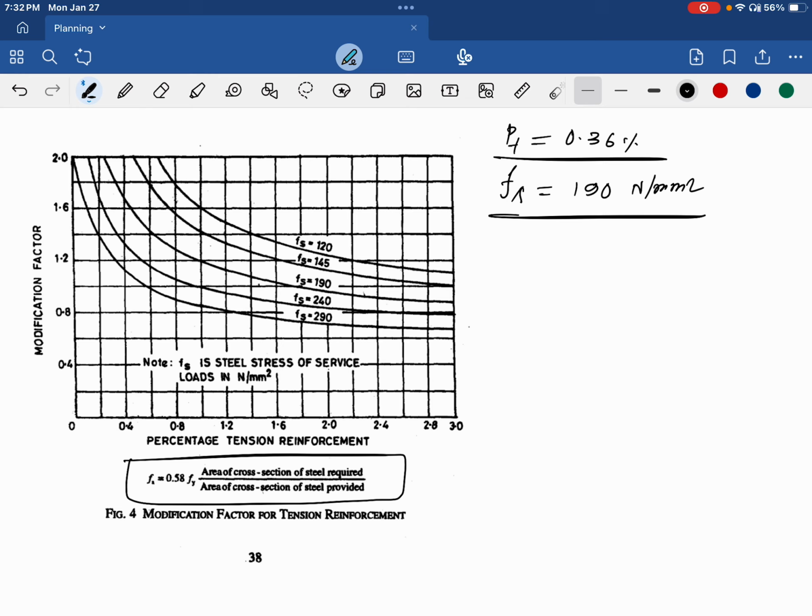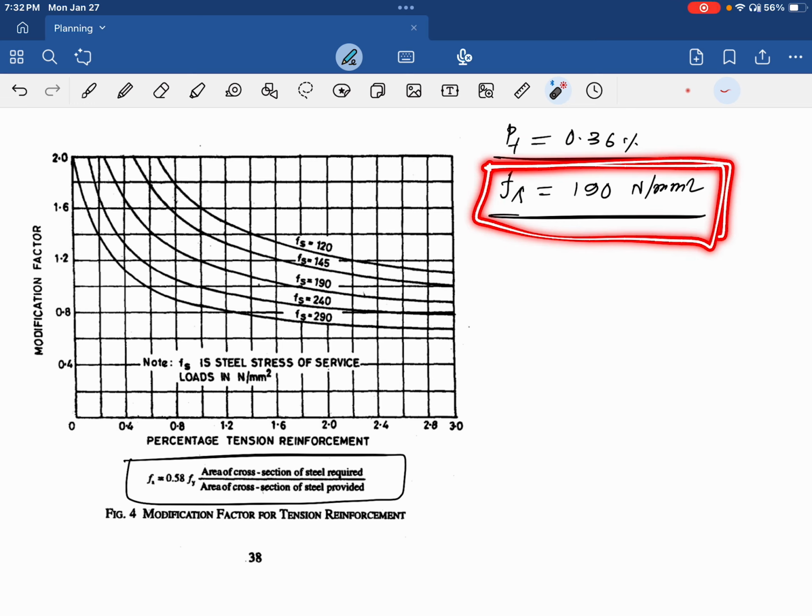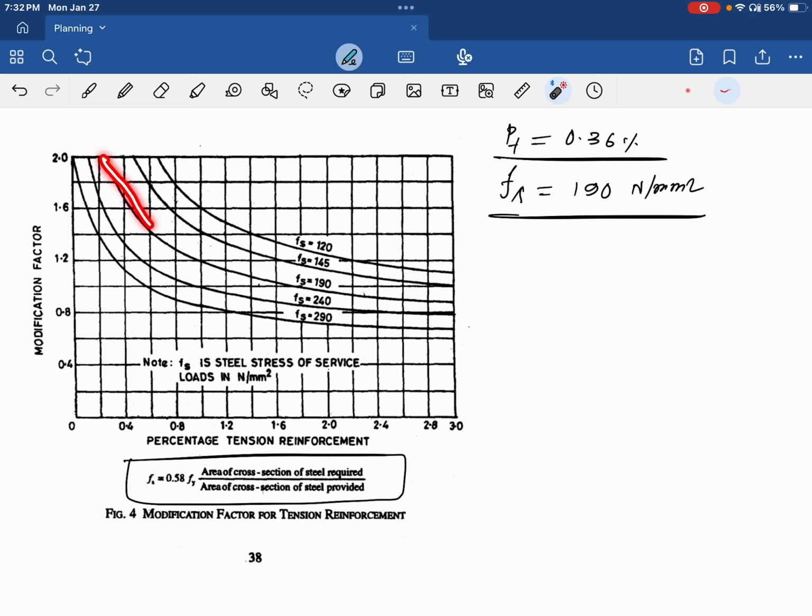How are we going to calculate this? Let's see. What is the percentage of steel? 0.36. And what is our Fs? 190. So this is actually matching. This time it is matching, but every time it may not match with the curves given here. You may need to interpolate. So let's say we have Fs 190 here.